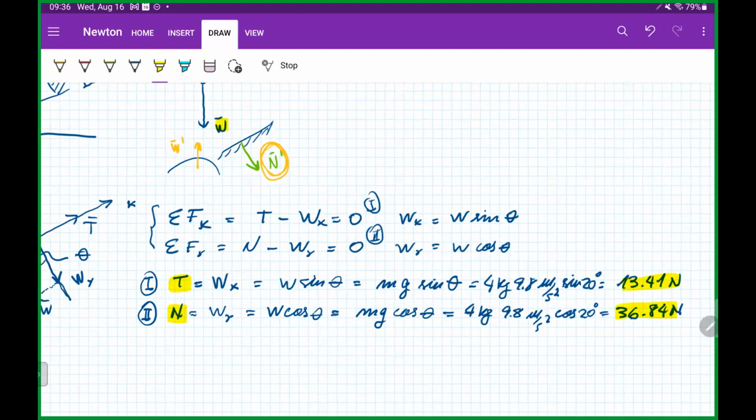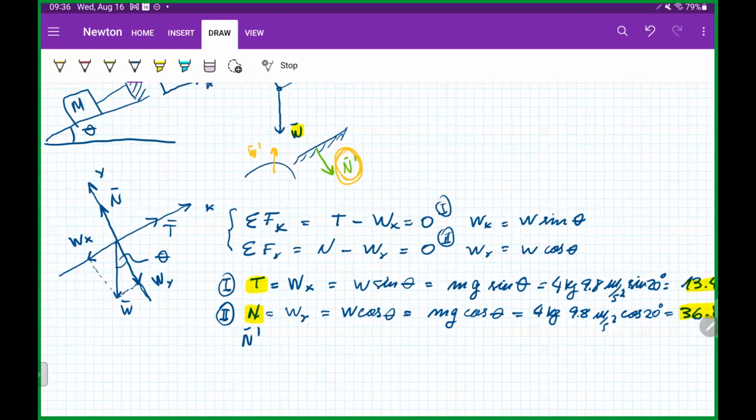The second question is asking the force that the object is exerting on the inclined plane, and that force is not strictly the normal, but as we said before, it's the N prime.